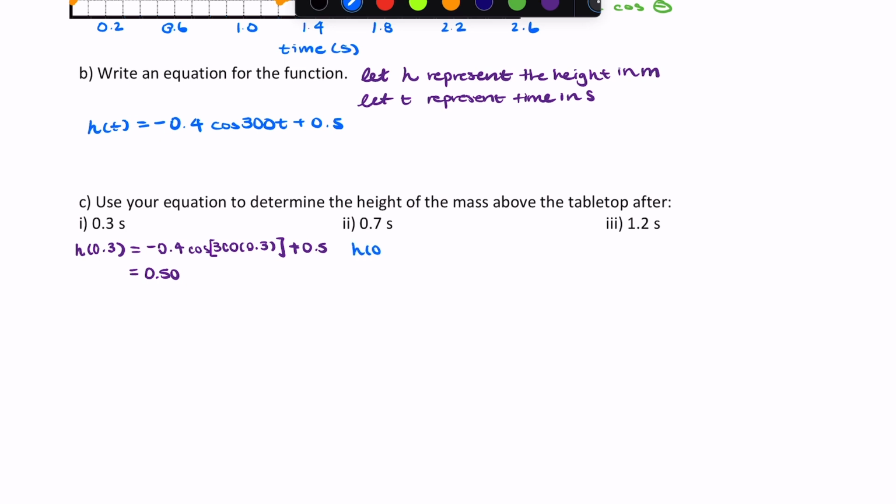H of 0.7 seconds. If we sub that back into the equation, negative 0.4 cos 300 times 0.7 plus 0.5. H at 0.7 seconds is going to be approximately 0.85.